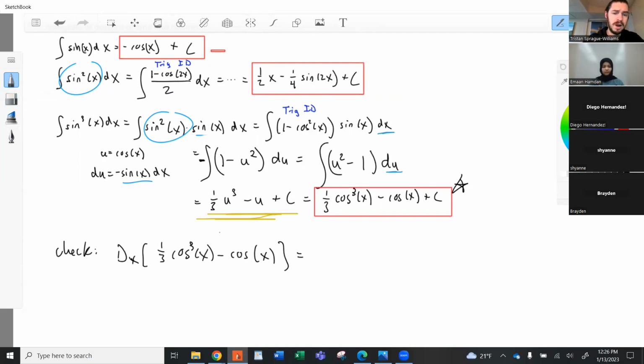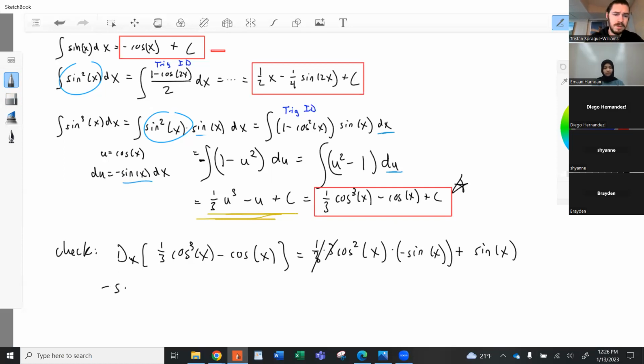Here we'll use our chain rule. We have a third times 3 cosine squared, so that's just the power rule. Then we multiply by the derivative of cosine, which is negative sine, right? Then we subtract the derivative of cosine, which is, again, negative sine, so it's going to be a plus sine. The 1/3 and the 3 cancel out. We have cosine squared times negative sine and then plus sine.